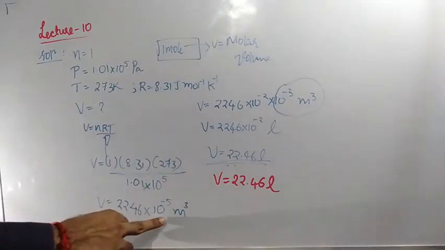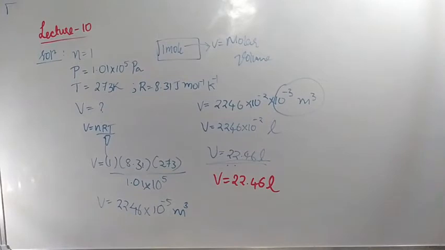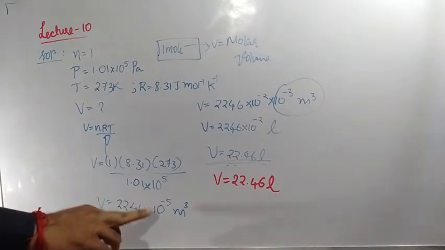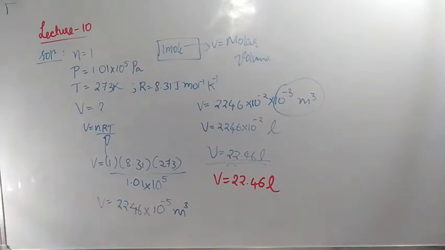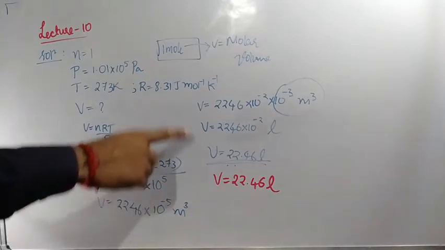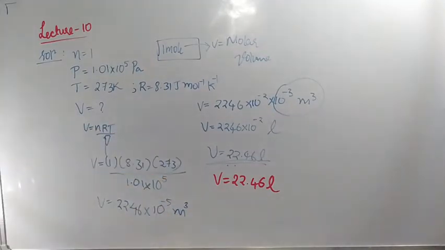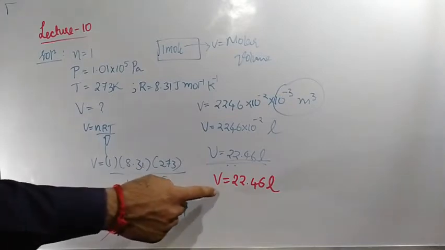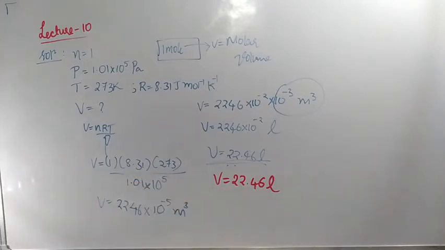We know that 10 to the power of minus 3 meter cube is nothing but 1 liter. That's why we interchanged this and substituted. Slowly we calculated and got V equal to 22.46 liters. Clear? Shall we go to the next question?